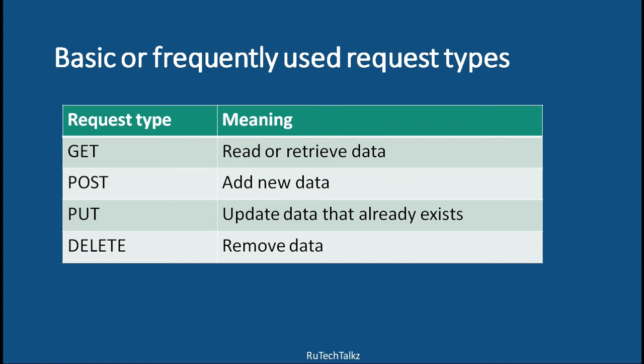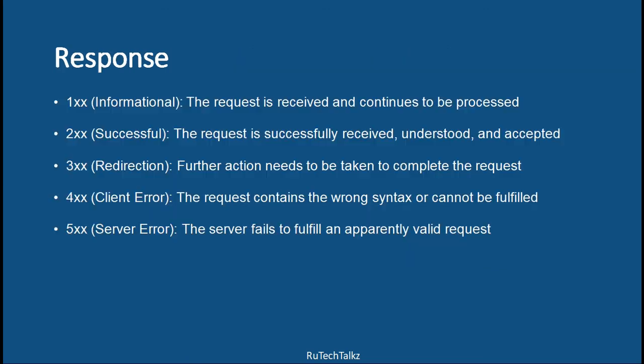Whenever we pass the API request, we have to select the request type, whether it is GET, POST, PUT, DELETE request. So what is the meaning of each request type? GET means to get the data, retrieve the data through the API. POST means to add new data. PUT means update the data that already exists. And DELETE means to remove the data.